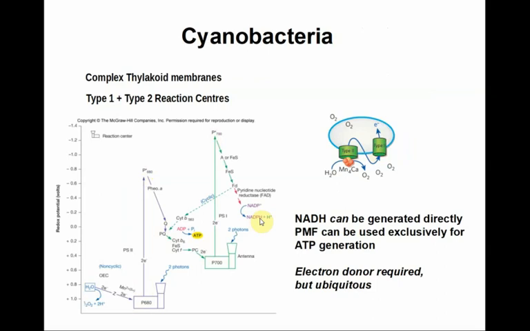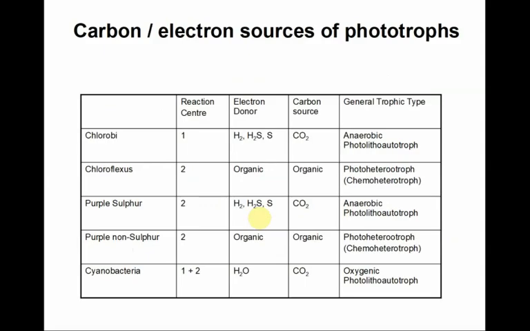So you can produce ATP and NADPH just from light and water. So that's oxygenic photosynthesis.